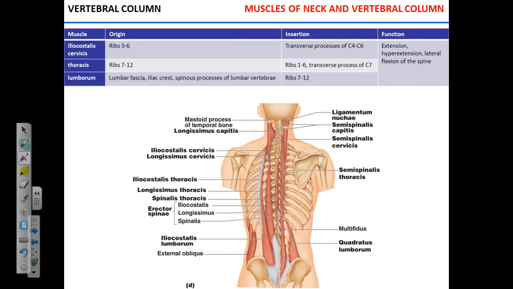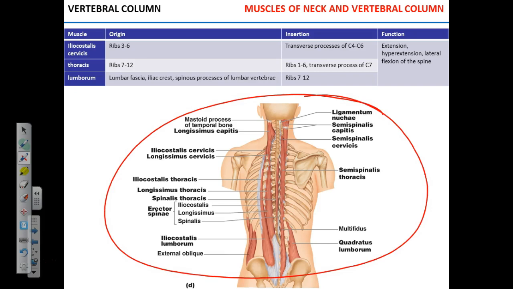Now, these muscles, all of them, are called erector spinae. So it loosely defines their function. They extend the vertebral column. They not only extend, they do way more than just extension. So, iliocostalis muscle, the lateralmost muscle here. There are several parts. Think about this: this whole muscle, iliocostalis, is one muscle, okay?